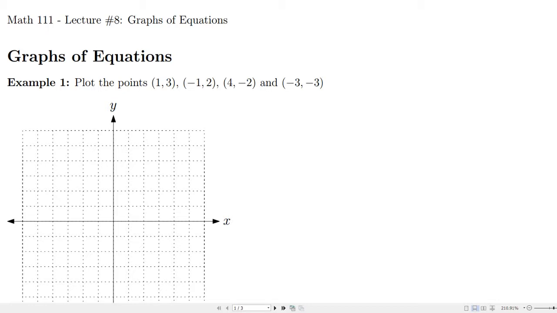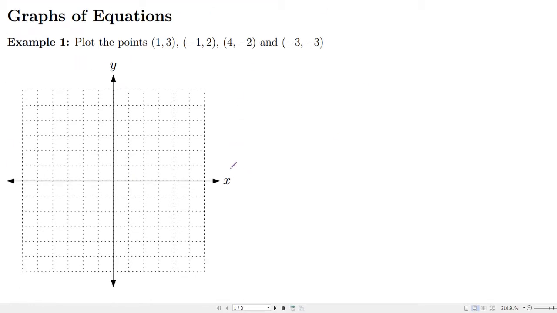So how do we plot points? Well, if I give you a pair of points, we have an x-axis and a y-axis, and these coordinates just designate where they belong on this plane here. So 1, 3, for example, 1 is designating where you're going to be on the x-axis.